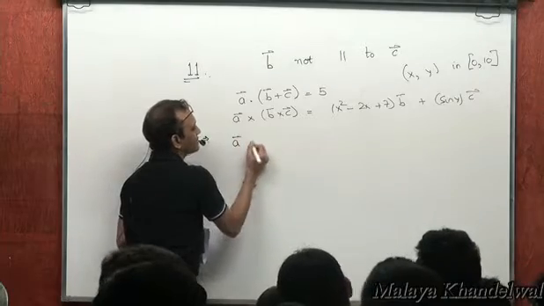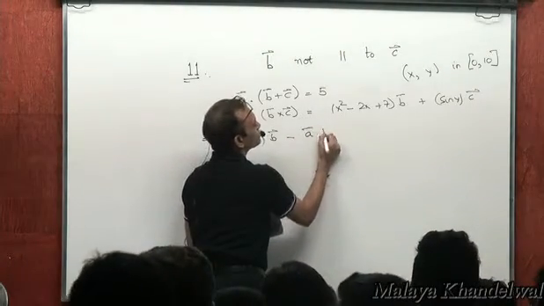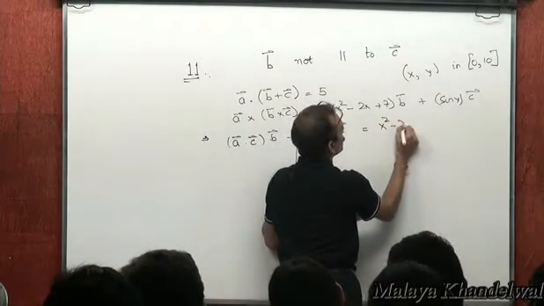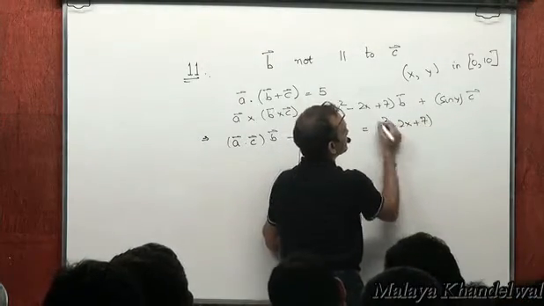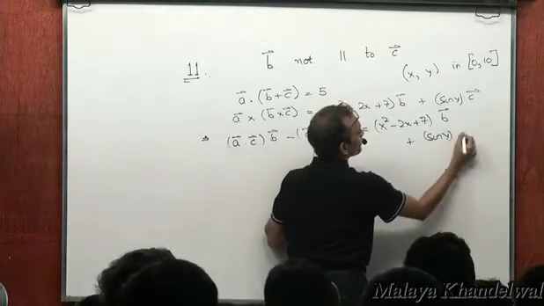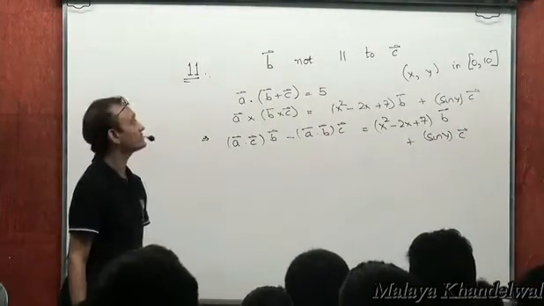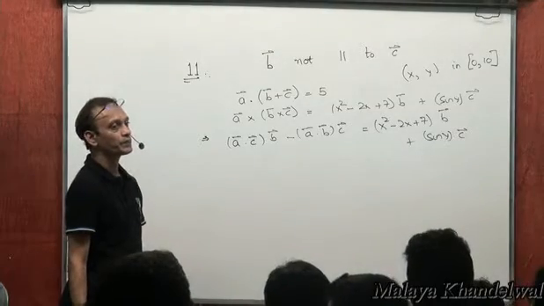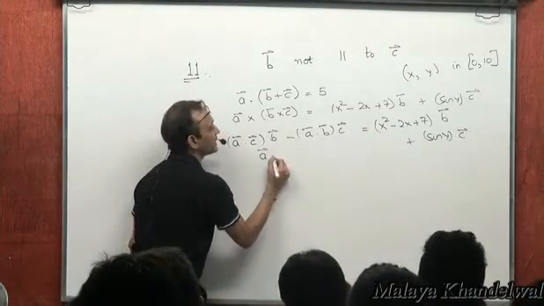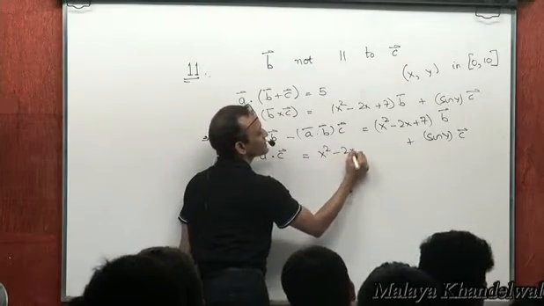This is in the BC plane, right? I'll write this as a dot c into b minus a dot b into c equals x squared minus 2x plus 7 b plus sin y c. So can I equate the coefficients of b and c on both sides? I could do that, right? So don't I end up getting a dot c equals x squared minus 2x plus 7?